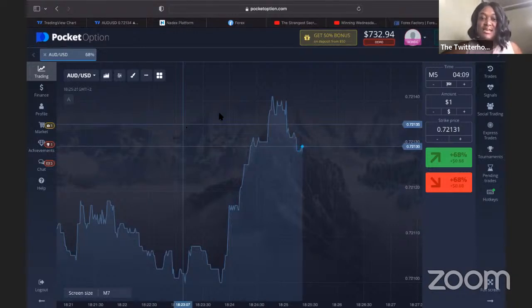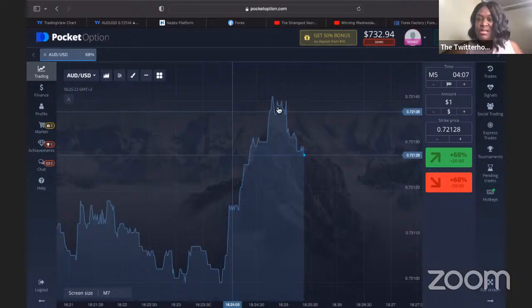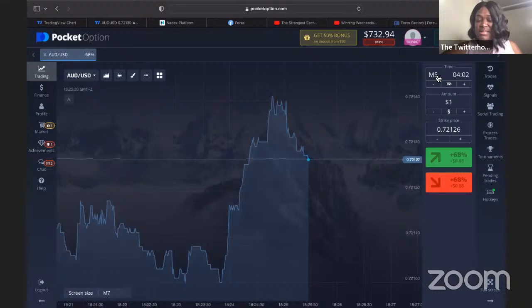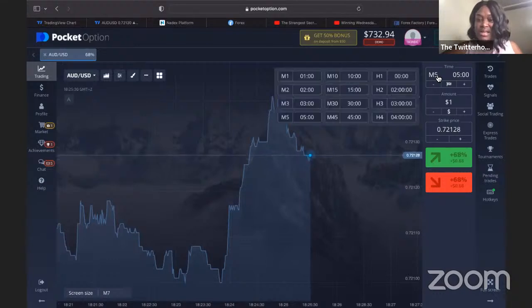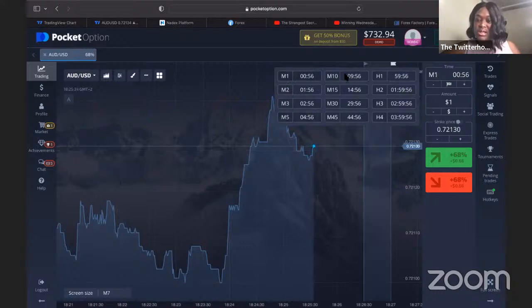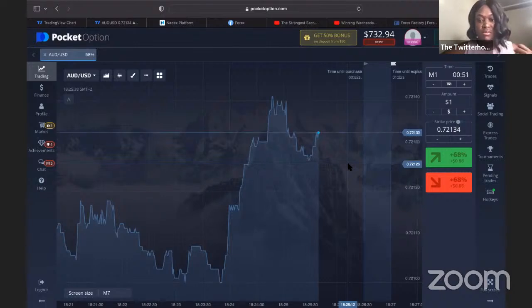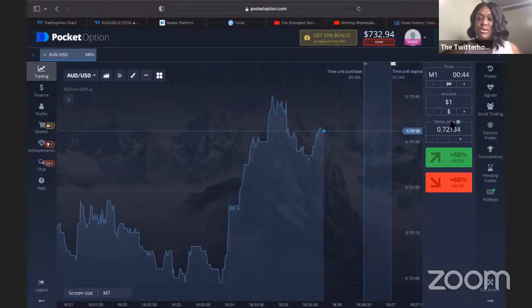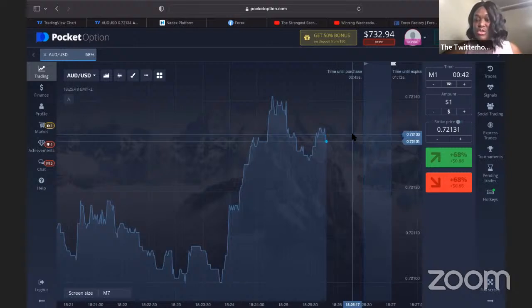Next, it's the time frame. So here to the right, it's on M5. I'd keep it on M5, but I'm going to drop it down to M1 just for quick demo. So currency pair, time, the strike price. So if I think price is going up, then I'm actually going to look to hit this arrow.